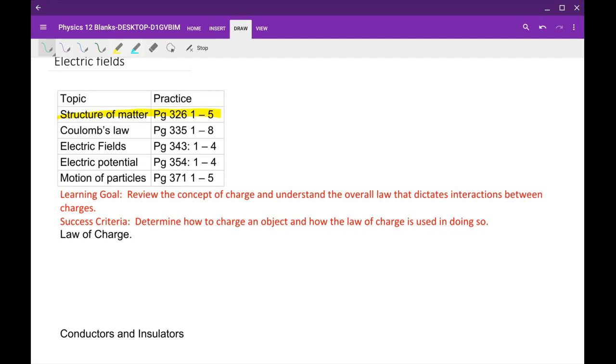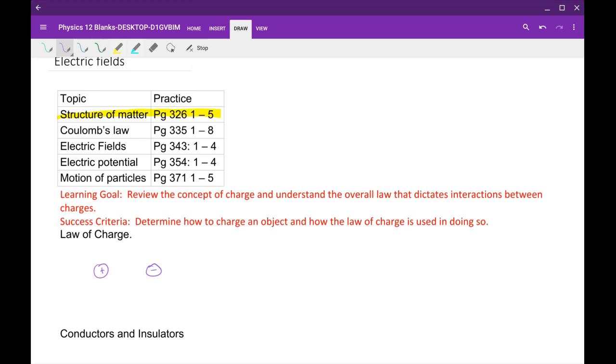Okay, so the law of charge is that they've got these things called charges. And as it turns out, some of them are positive and others are negative. People named them positive and people named them negative, and that's kind of the idea.